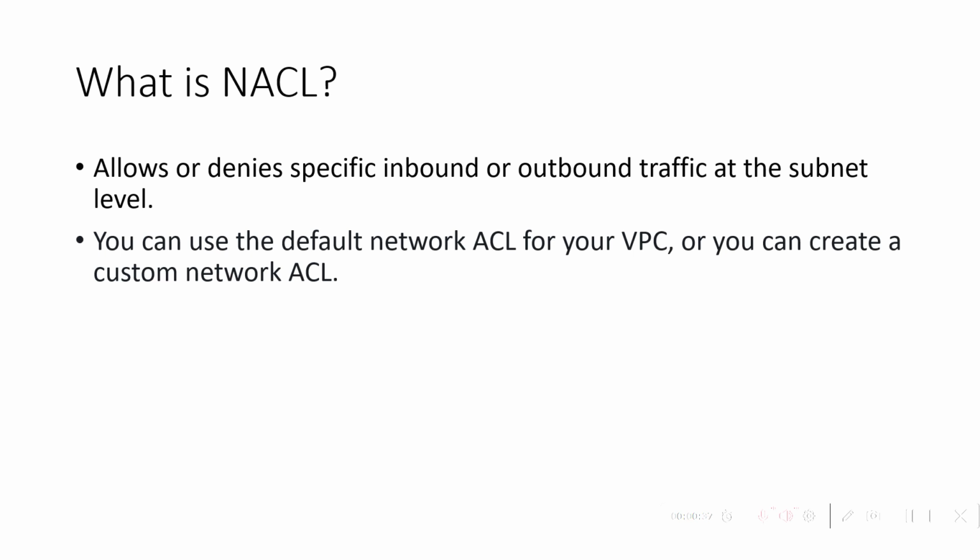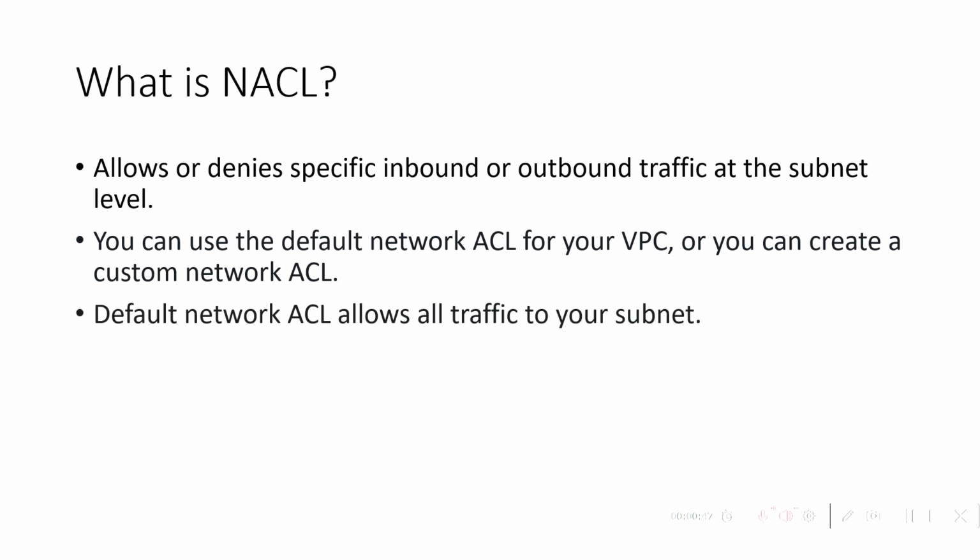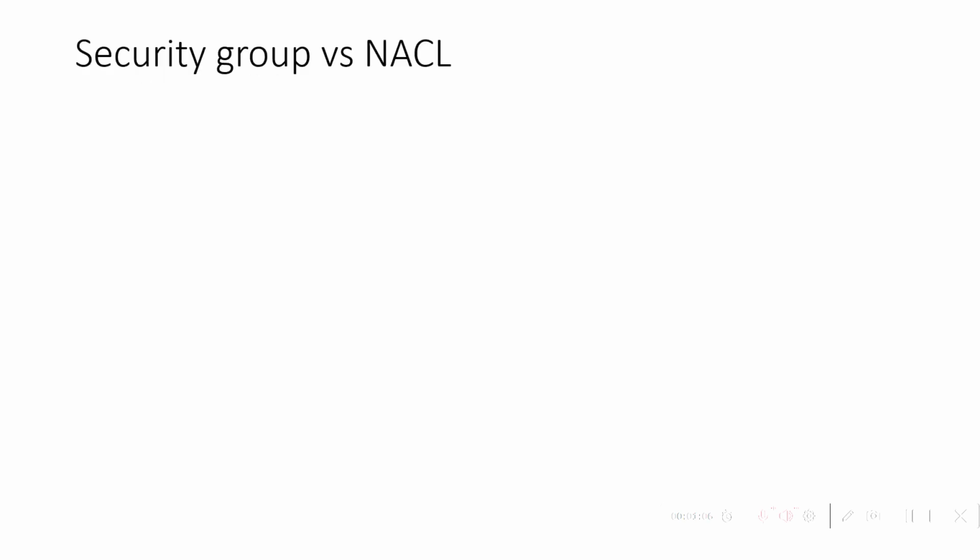You can use the default network ACL for your VPC, or you can also create a custom network ACL. The default network ACL allows all traffic to your subnet, but you can always add additional ACL rules to control the traffic. ACL provides an additional layer of security. So what is the difference between security group versus NACL?